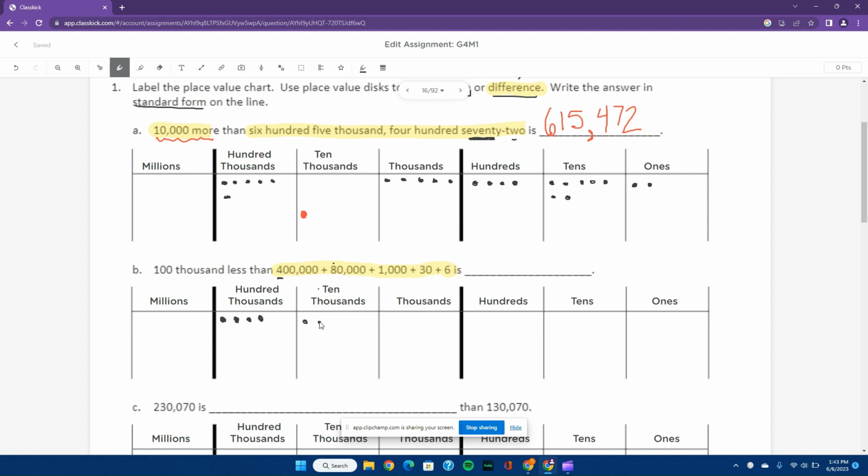So I'm going to put 8 in here. 1,000, so just 1 in the thousands place. Doesn't indicate any amount of hundreds, so I'm going to leave that blank. 30 is 3 tens. And 6 ones.